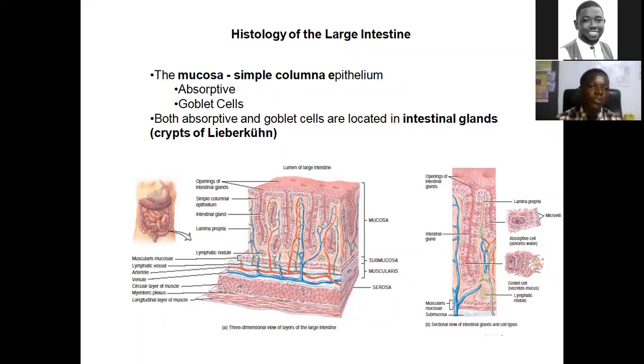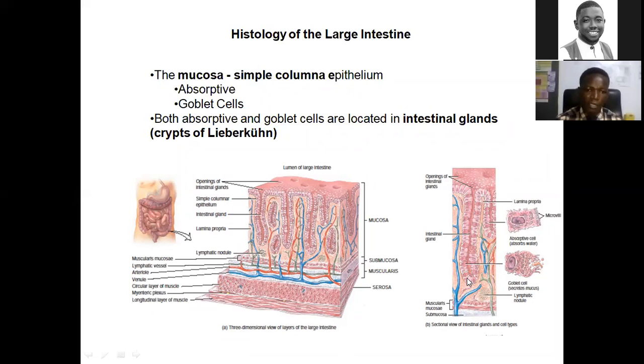These two types of cells that I spoke about are both located within the intestinal glands. And as I mentioned last week, these glands are also called the crypts of Lieberkühn. So this is just an example of the glands where they are found.